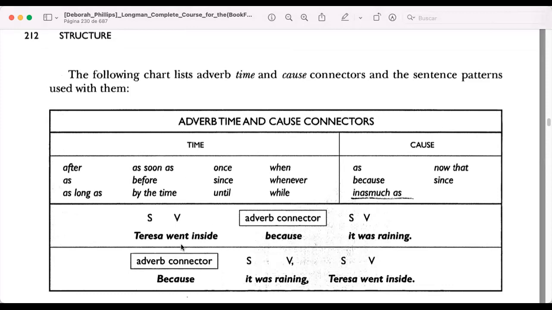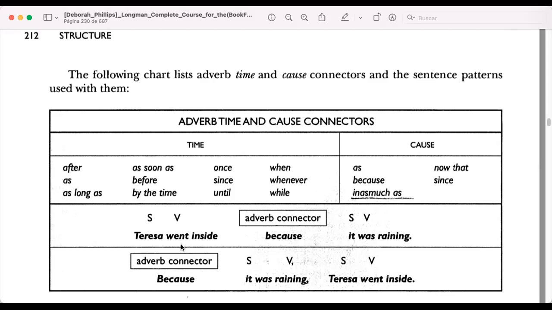After, as long as, as soon as, before, by the time, once, since, until, when, whenever, while. The whole chart, with adverb time, shows us the words that help us to recognize that we're talking about adverb time, okay?